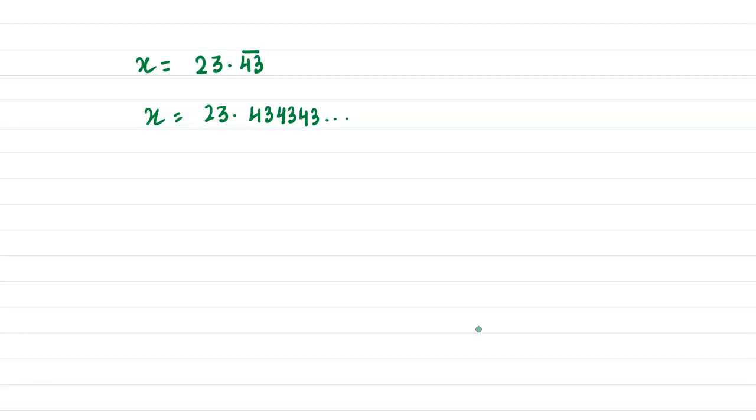I want to get rid of this. So what can I do? First I will number this equation as 1, and then I will multiply by 100. If I multiply this equation by 100, the decimal point will move by 2 places.